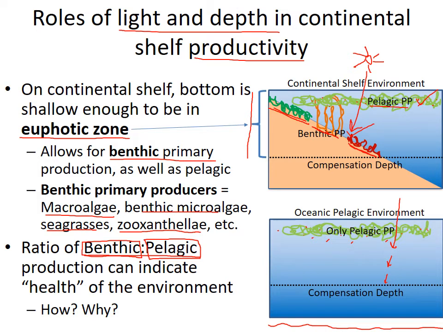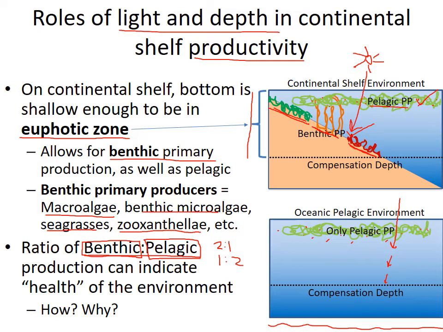So maybe if there's a lot more benthic to pelagic primary production, you get like a 2-to-1 ratio. If it's the other way around, maybe you get a 1-to-2 ratio. There's actually more phytoplankton production than benthic production. And this ratio can indicate the health of the environment.